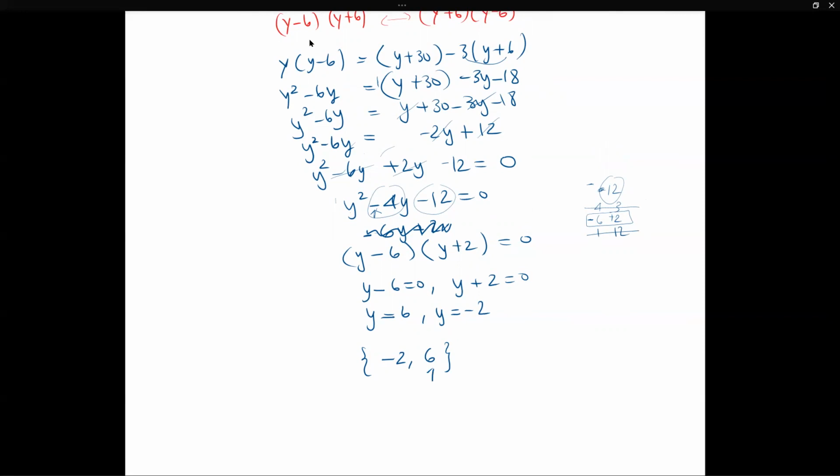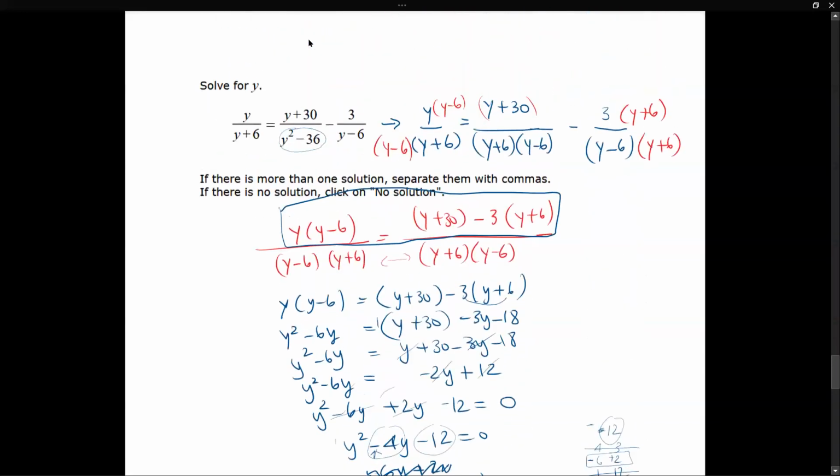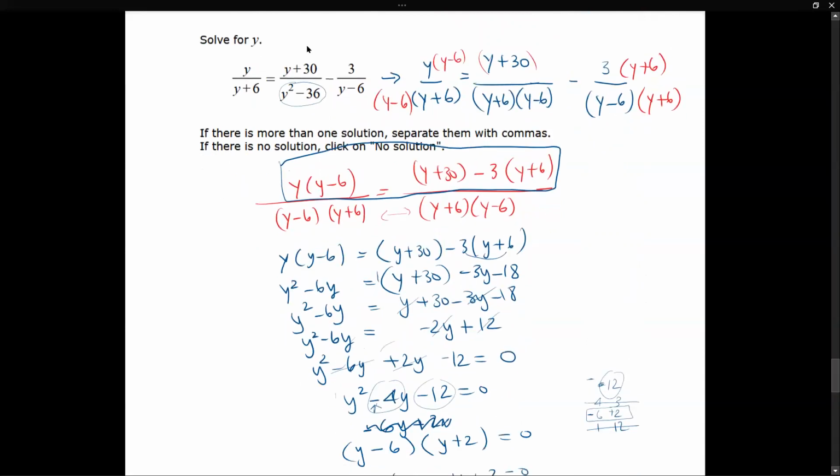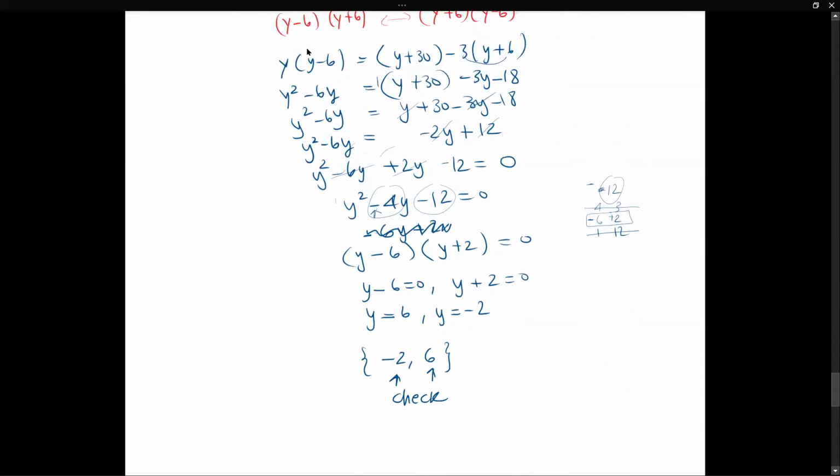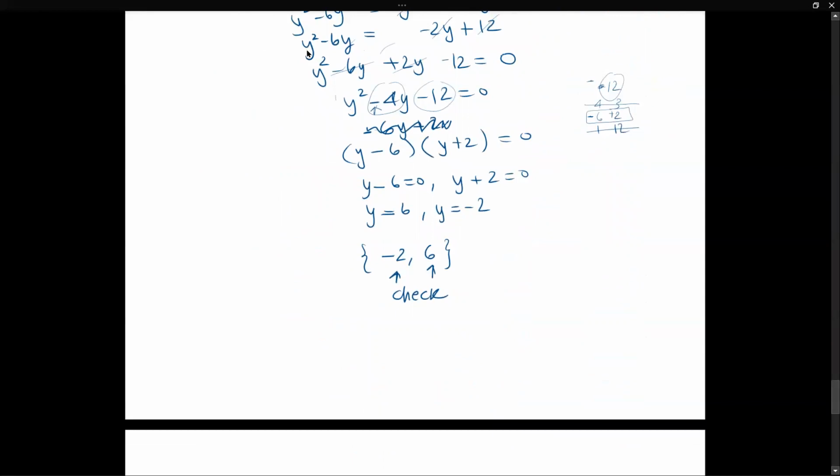And so now we need to check. That's a key, and that's one of the things you learn in math, to check the decisions, whether what you're actually providing is a solution or not. So if we do a check, we're going to reject this, and we're going to say the solution is negative 2, right?